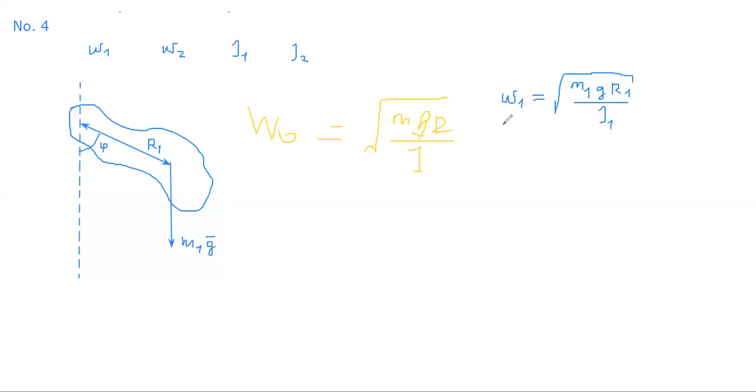So from here we can write that omega 1 to the power of 2 is equal to m1 g r1 divided by I1.